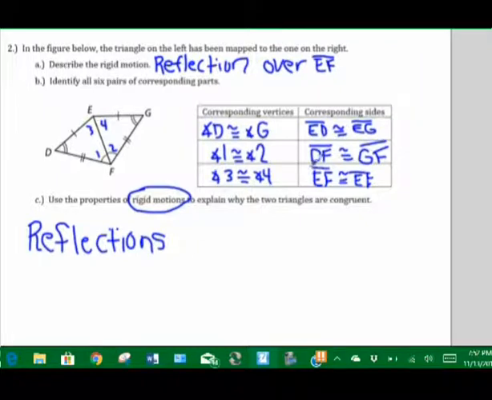What two things are preserved that would make the triangles congruent, make the triangles exactly the same? Reflections preserve distance and angle measure. Both of them, which again we showed on this whole chart that we completed.